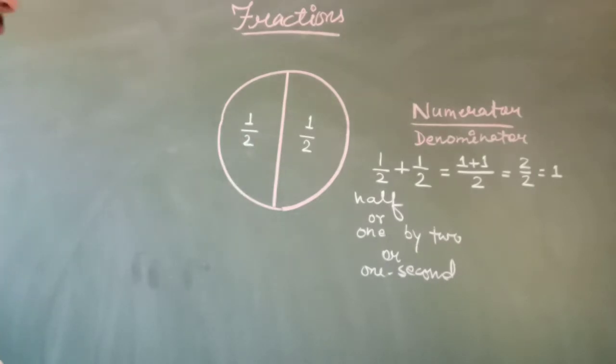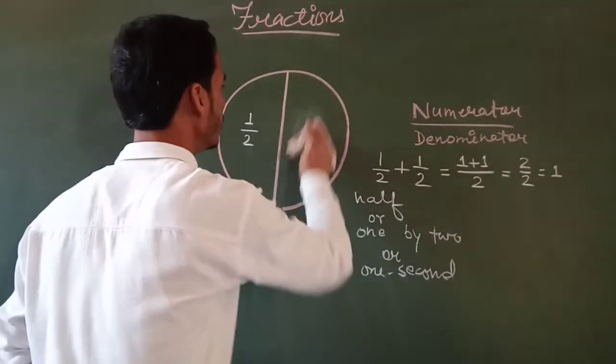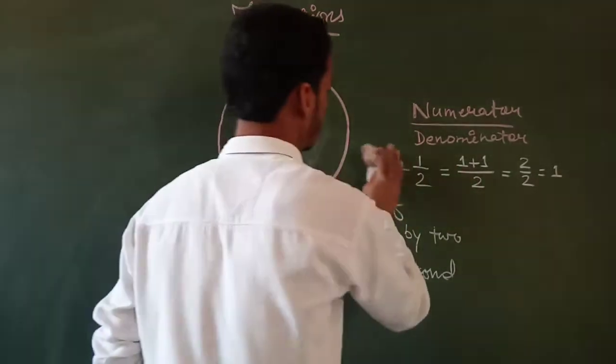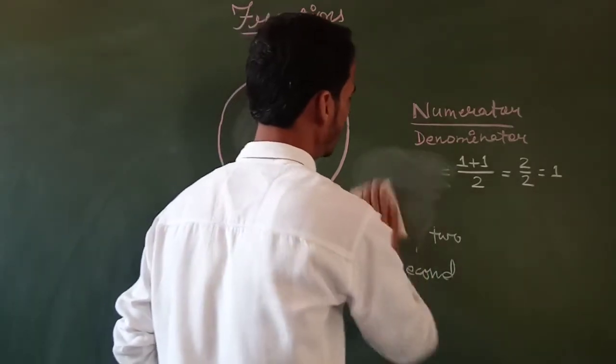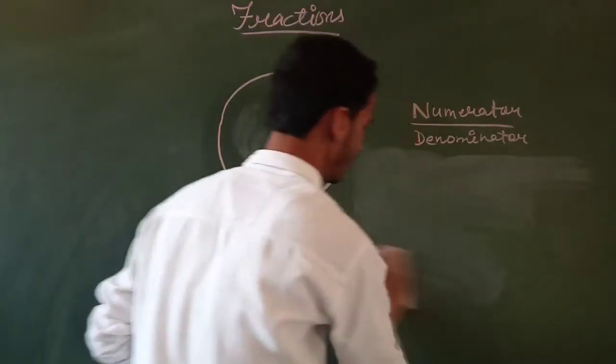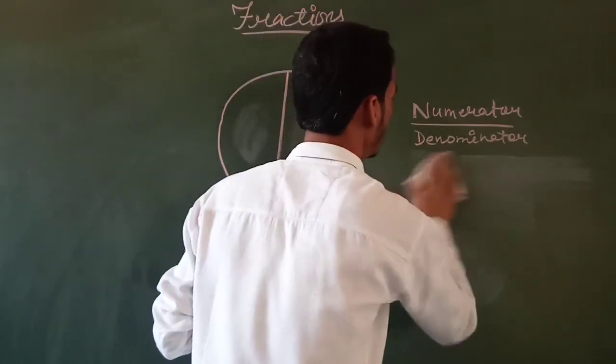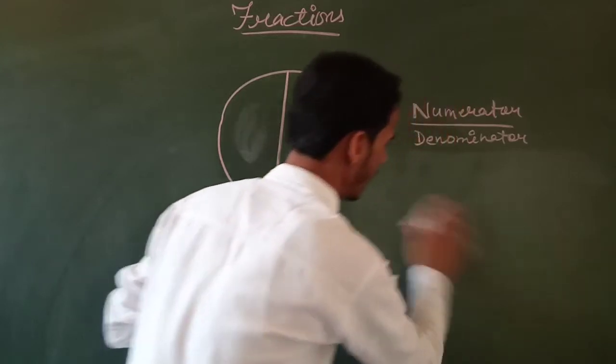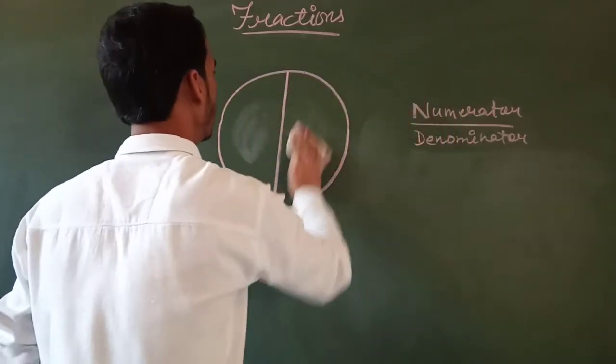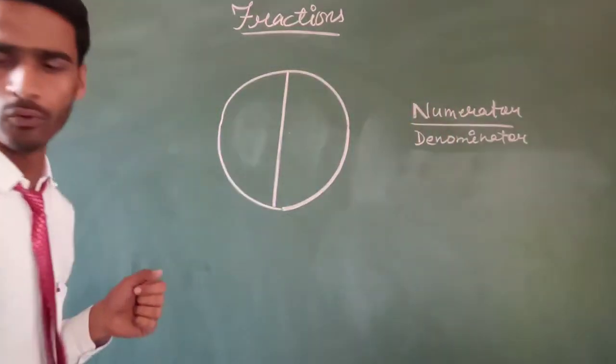Let's take another example of this type. Listen to what we have to do. Now we have to divide it into 4 equal parts.